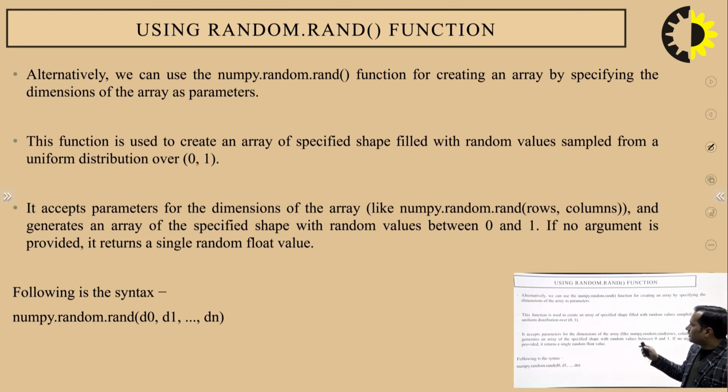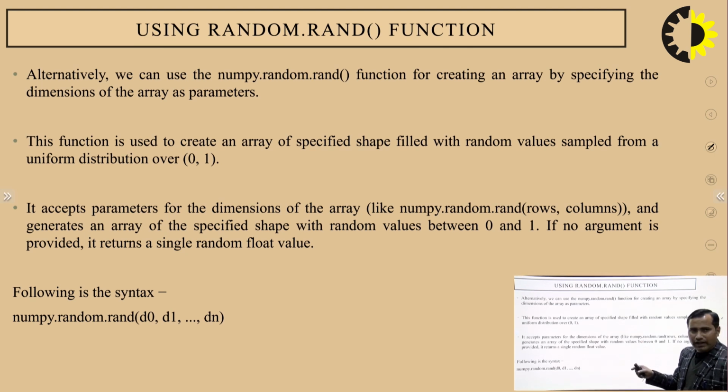That means this type of ND array has values between 0 and 1, and all the values are random. It accepts parameters for the dimensions of the array, like random.rand rows and columns, and generates an array of the specified shape with random values between zero and one.